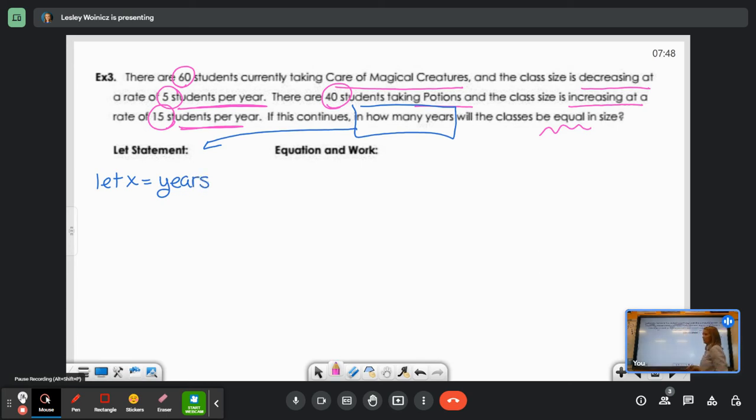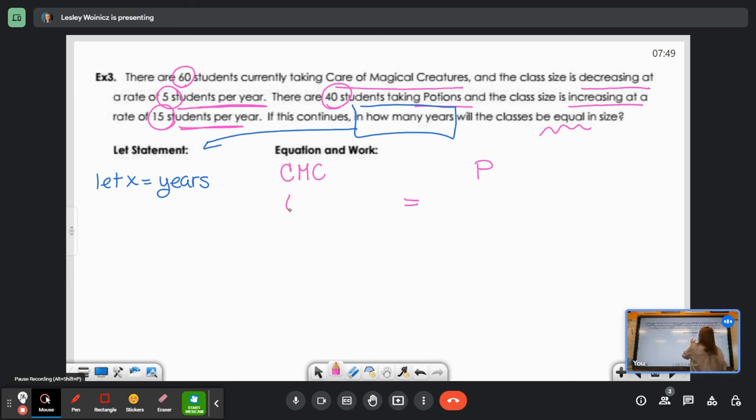All right, so we're going to have a Care of Magical Creatures side and a Potions side, and we want the two sides to be the same. So let's start with Care of Magical Creatures, and over here we'll put Potions, and we want the sides to be equal.